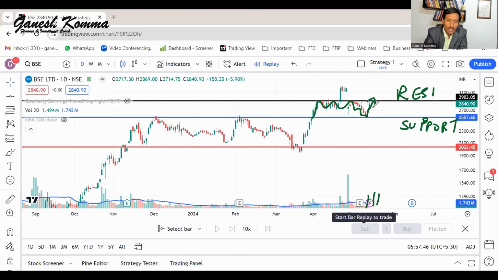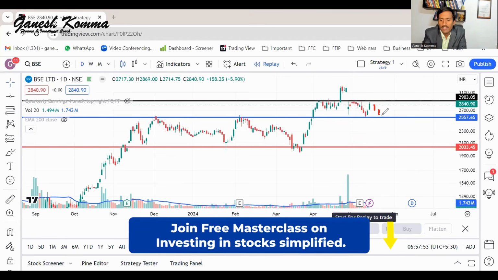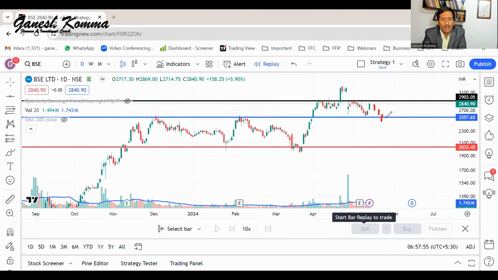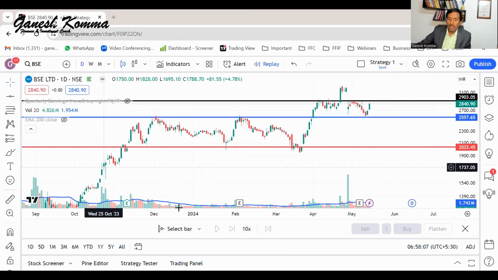On the contrary, if it is moving down in strength and breaking this level, we have to be a little bit cautious. And if it is further breaking down, we have to be more cautious. So support and resistance will help us understand more about the companies for adding and deletion.